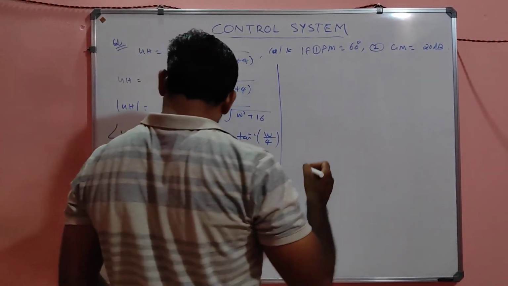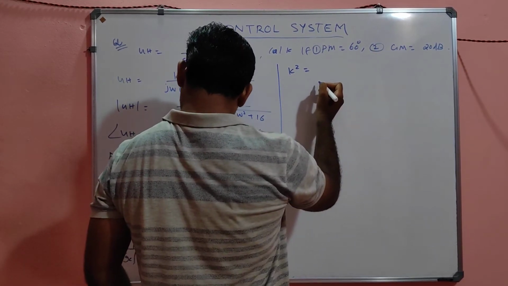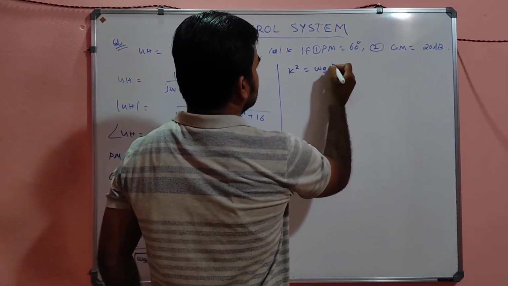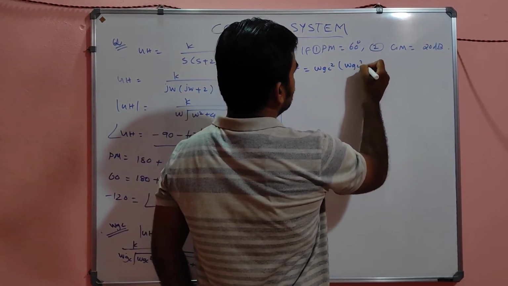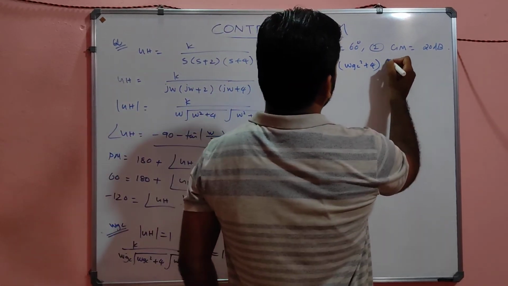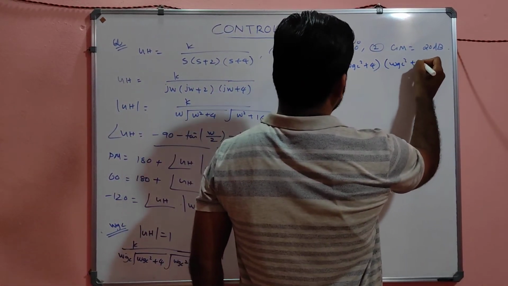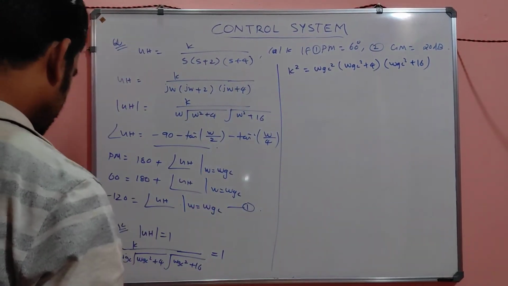Or it implies, my dear, K square equals omega GC square into omega GC square plus 4 into omega GC square plus 16. Am I right?